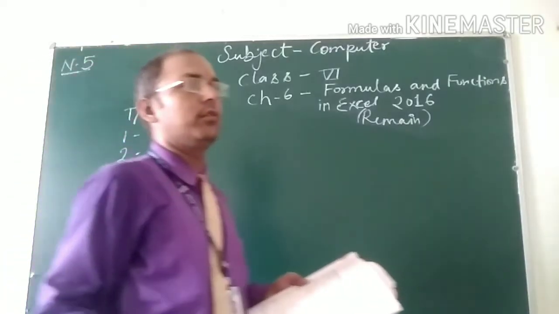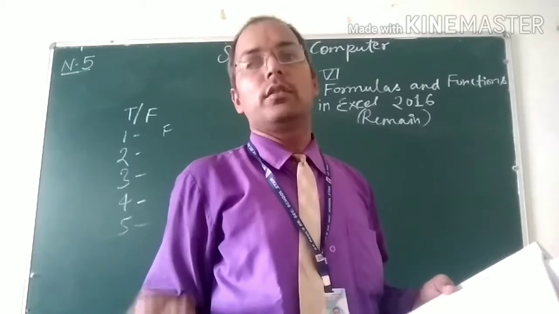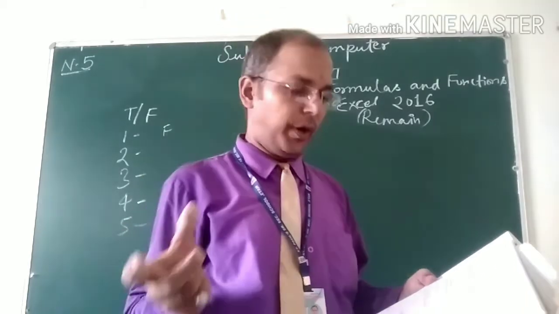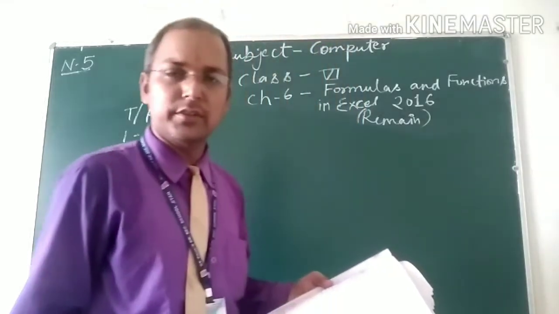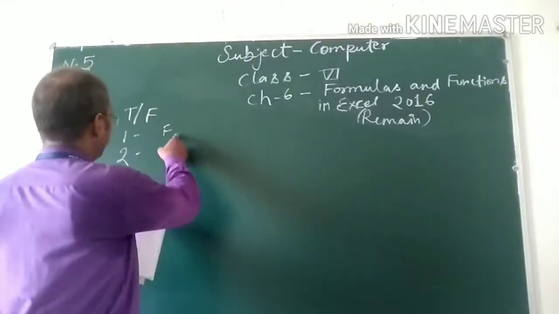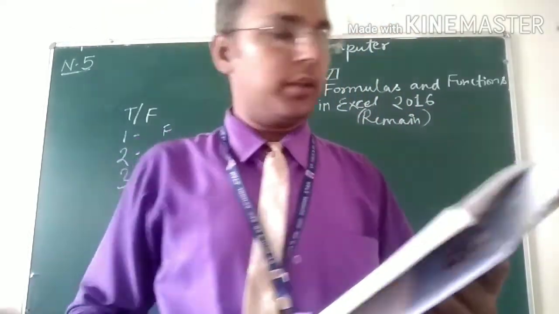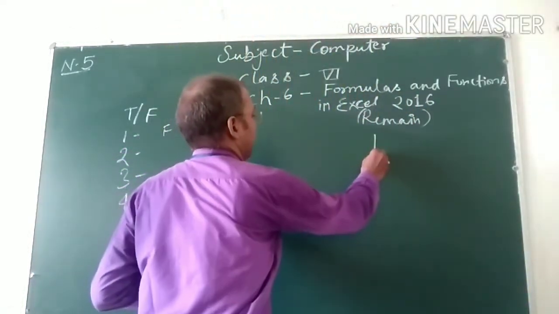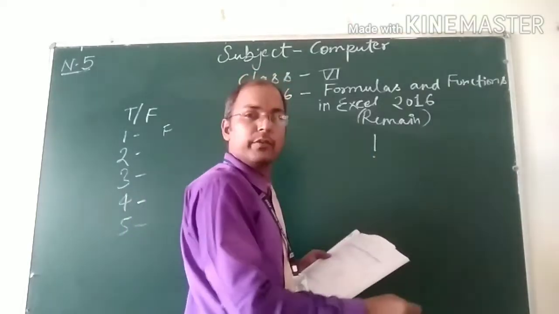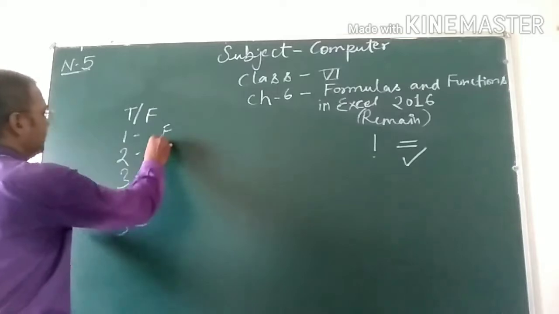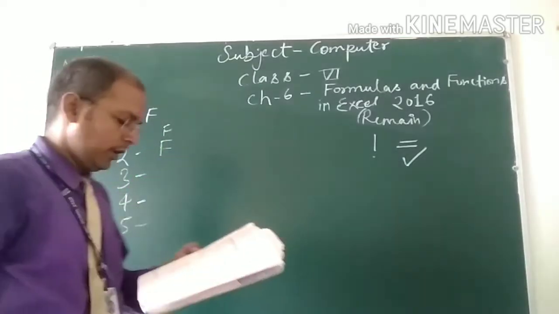I have already taught you three types of cell reference: absolute, relative and mixed. Second, formulas always begin with this sign. Wrong, formulas start with the equal sign. So this is false.